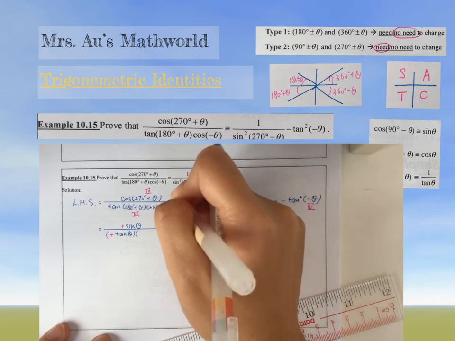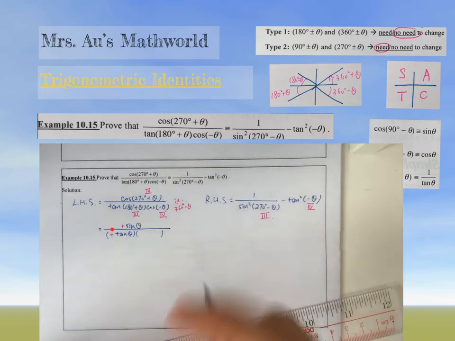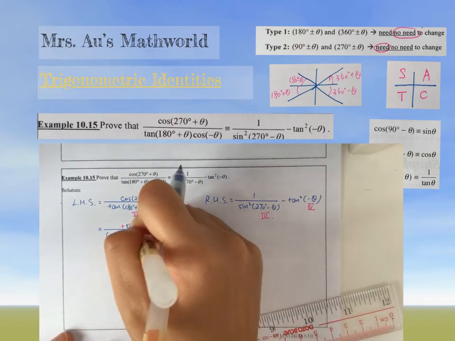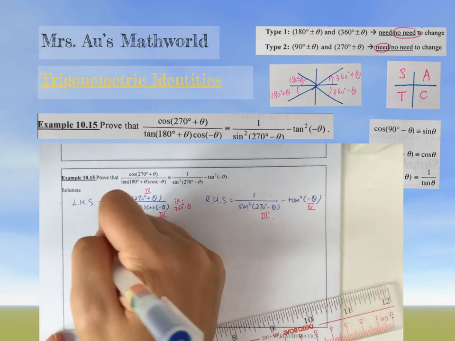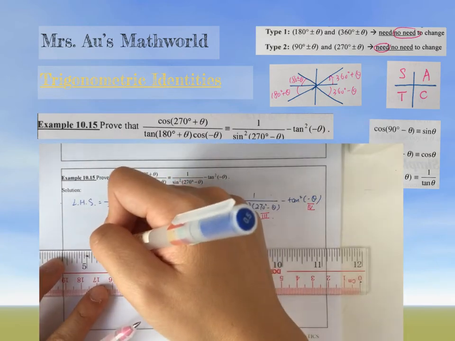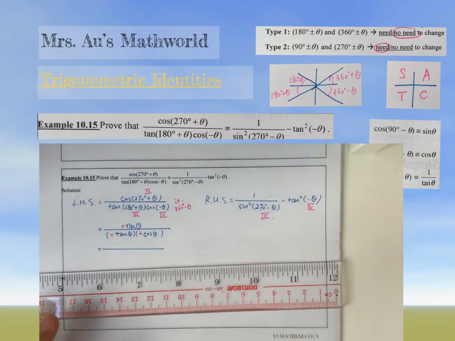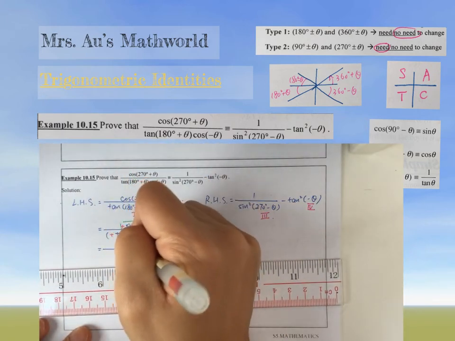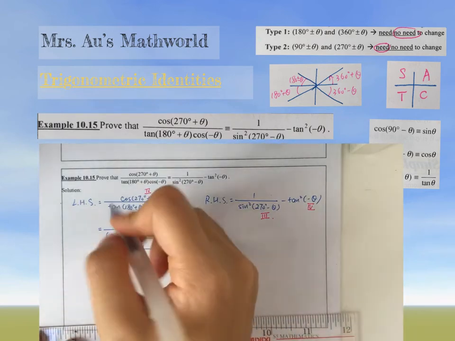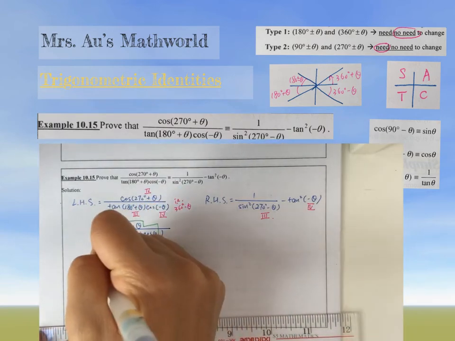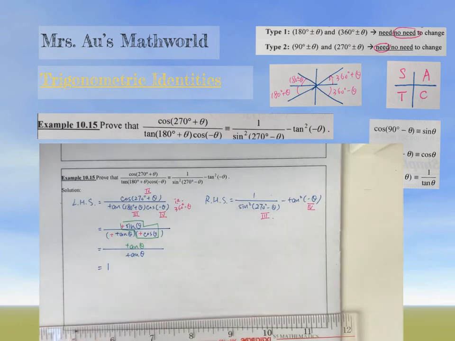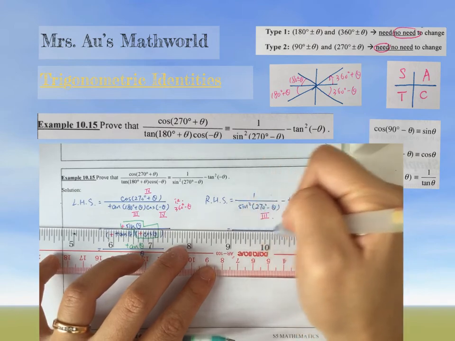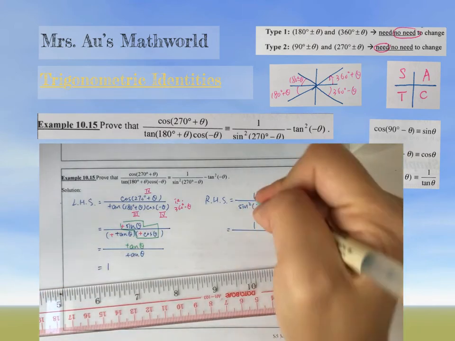You can see that I put down the brackets on purpose, because it's very important that it is a multiplication instead of an addition. And then we simplify the trigonometric ratios because sine over cosine becomes tangent. So we get tangent divided by tangent, which equals 1.